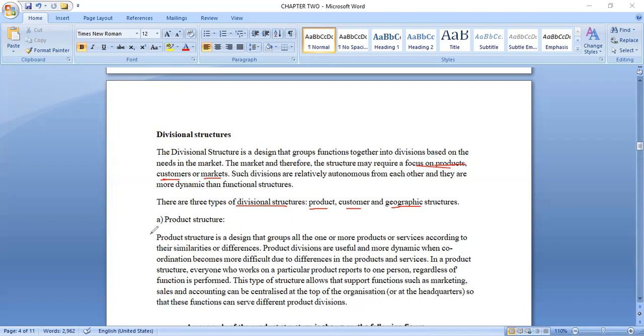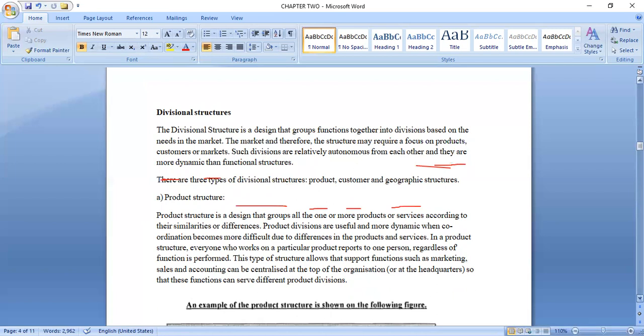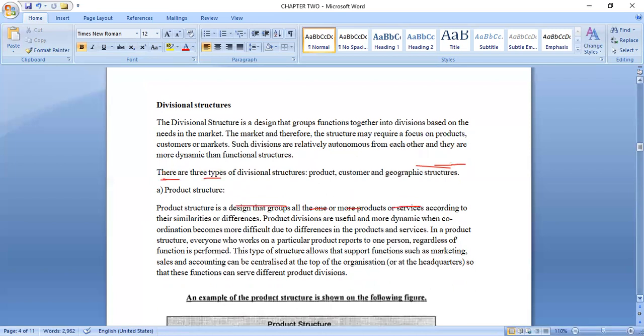Right? So among divisional structures, we have the product structure. Of course, when I talk about product structure, I mean product organization structure, right? With the product organization structure, we are going to realize that it is applicable for large organizations, right?